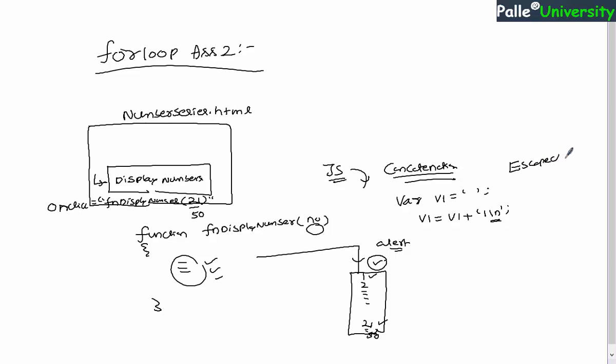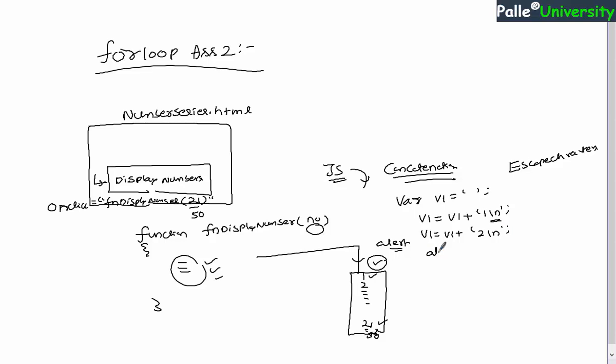In case you are not aware of escape characters, I recommend you to understand the meaning of escape characters from the internet. This course will not be talking about the escape characters, right? Similarly, you have written the code like this: v1 is equals to v1 plus 2 slash n, something like this.